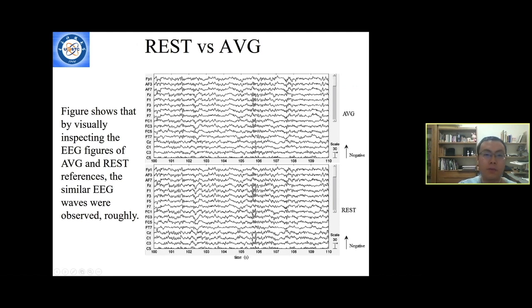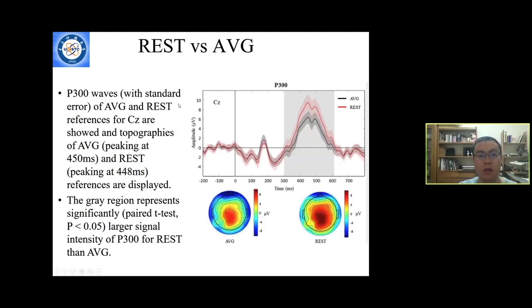But next, I will show the differences between the two reference methods. This figure shows the P300 waves of average reference and REST reference for CZ, and the topographies of the average and REST references are also displayed.